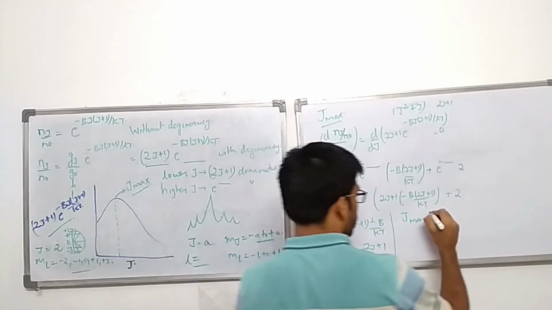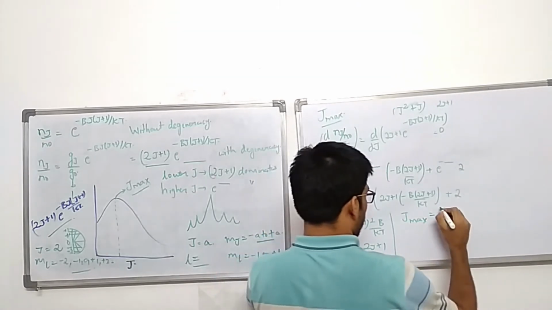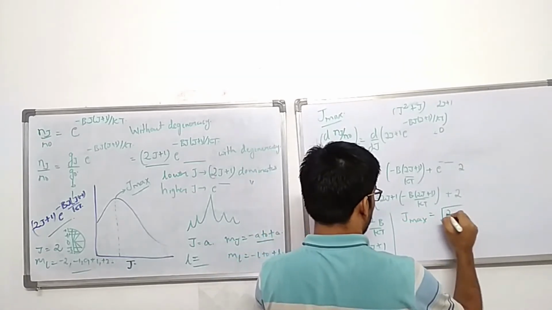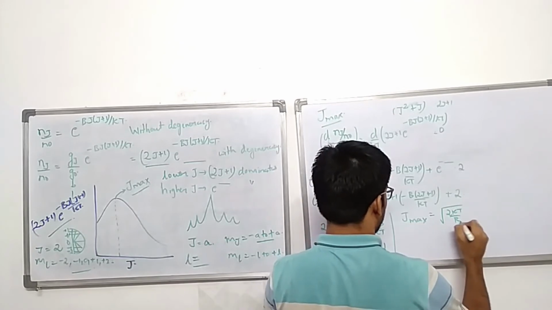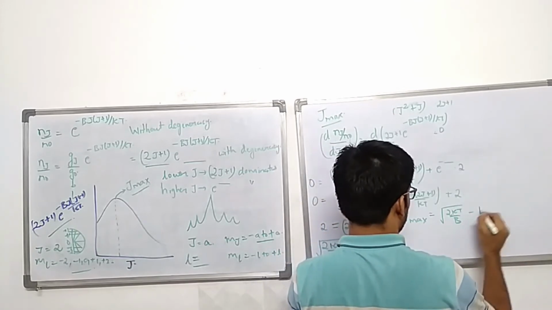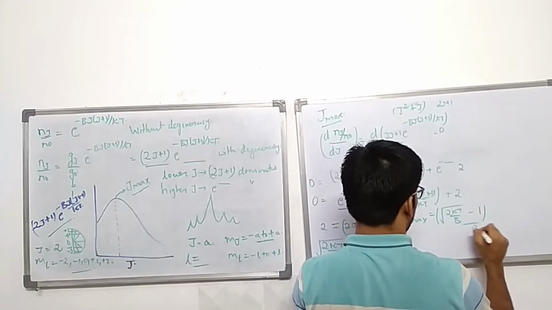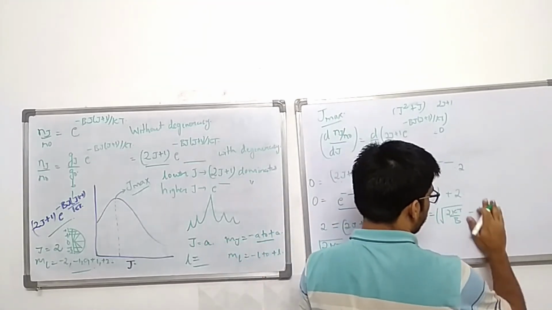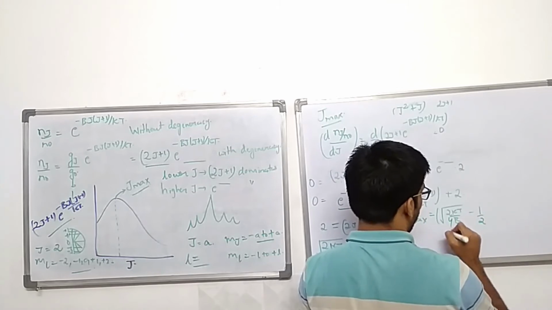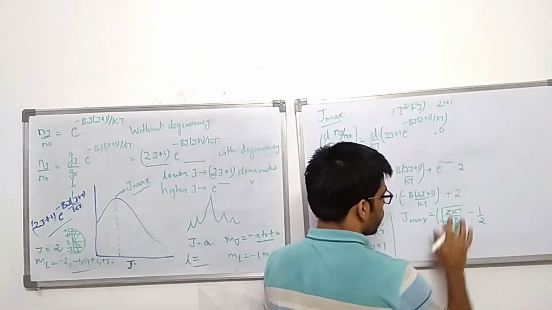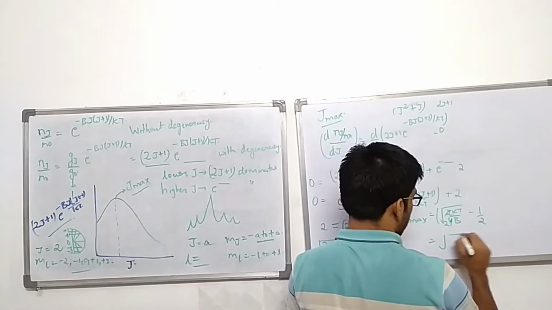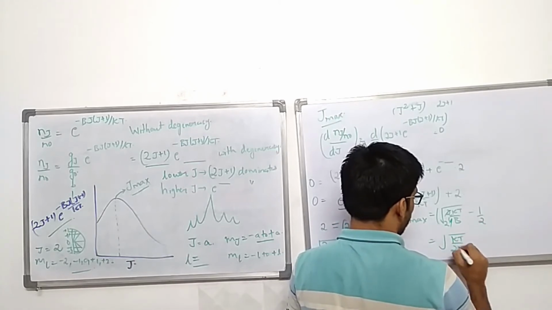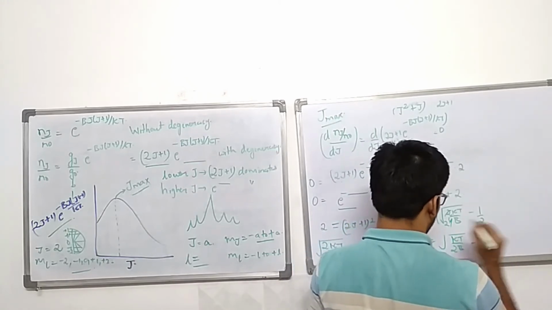J max is equal to under root 2 kt by b minus 1, this whole thing divided by 2, or I can write this to be half and 4 here, or I get 2 here. So that means what I get is under root kt by 2b minus half.